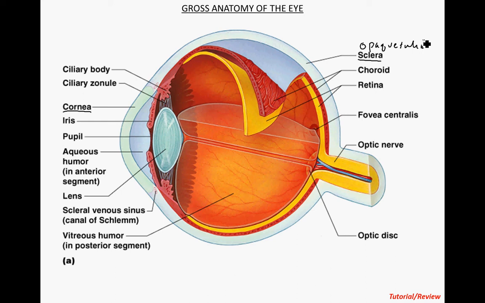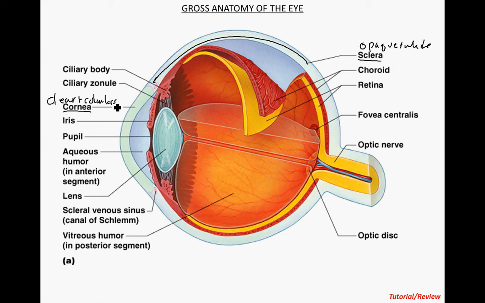As you move more anteriorly, the most anterior portion becomes clear and colorless, and is what we call the cornea. The cornea is clear and colorless, and will allow light to pass through it. The sclera, opaque and white, is tough and gives the eye protection and its round spherical structure.